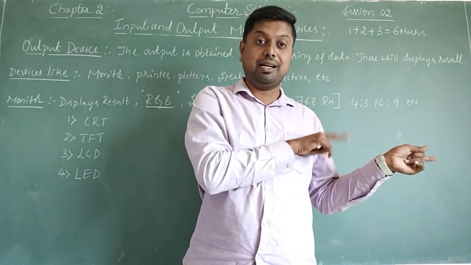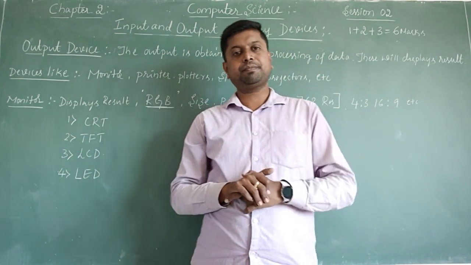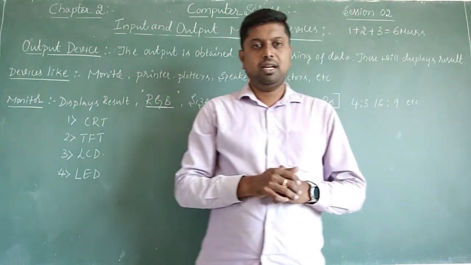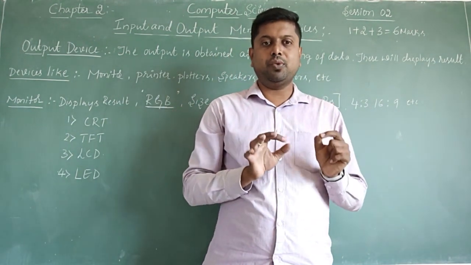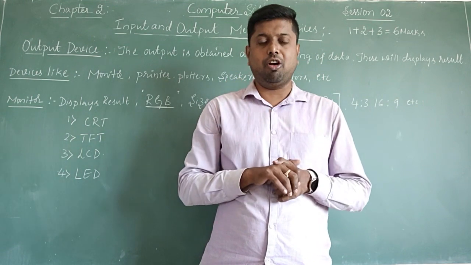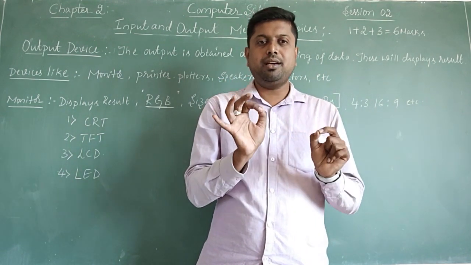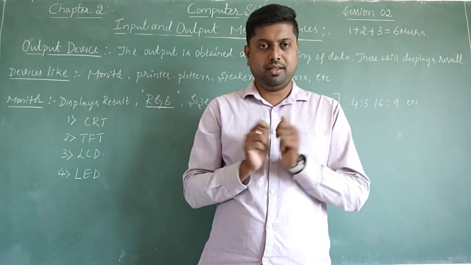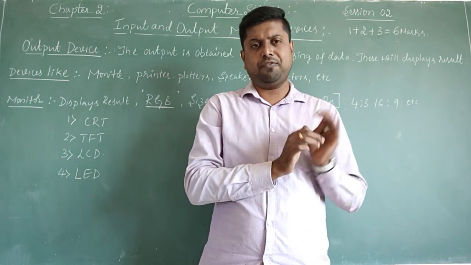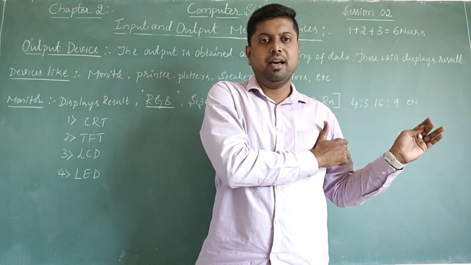Now I am coming to the third unit, that is the output unit. In that, the first device is what we call the monitor. So the monitor is one type of output device. After processing, it displays the results.